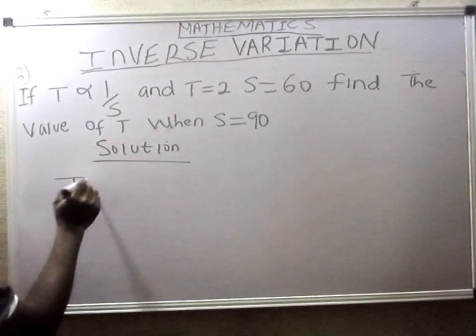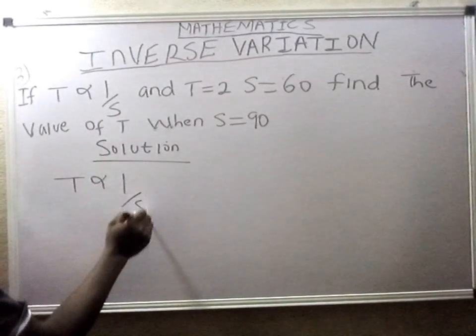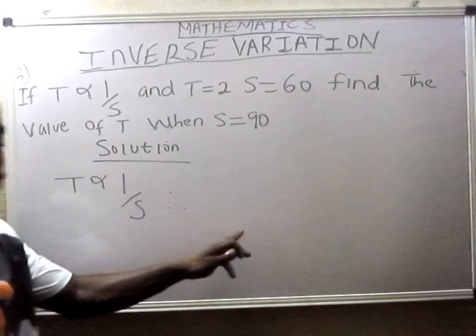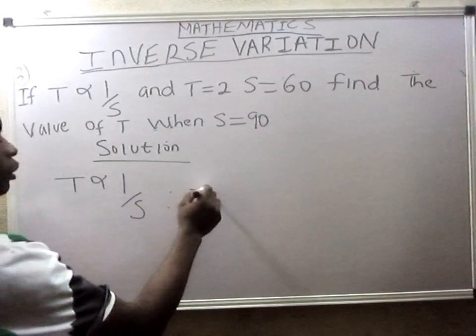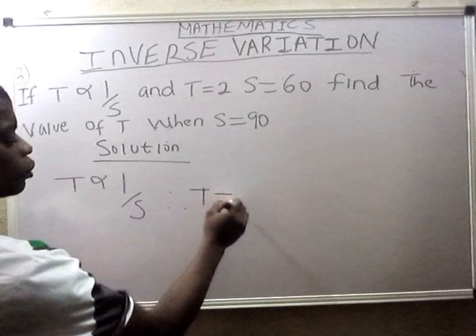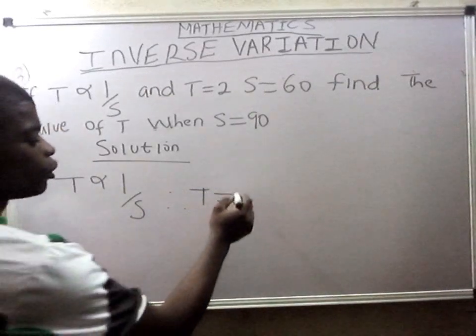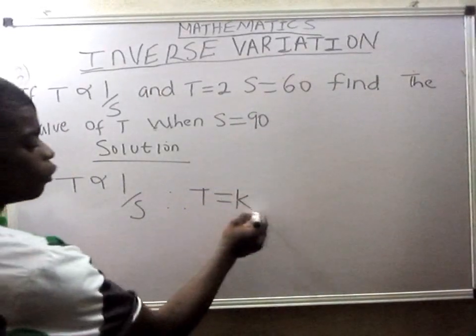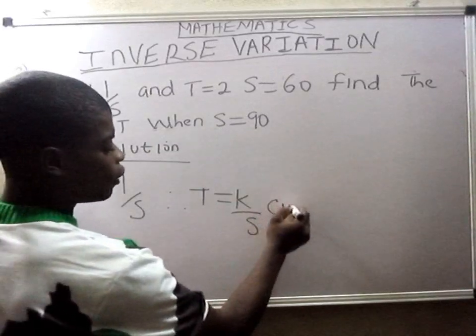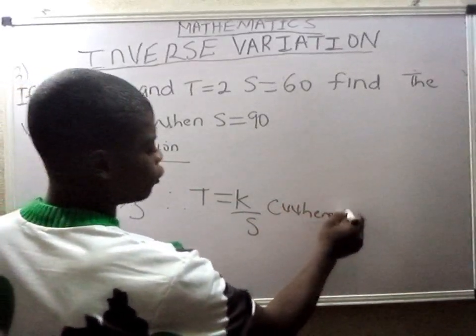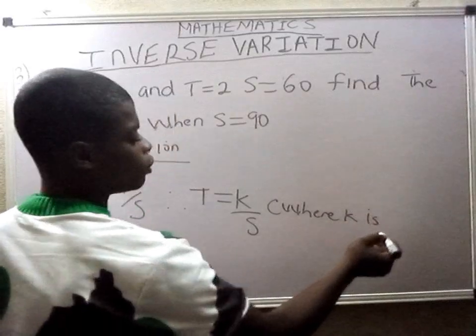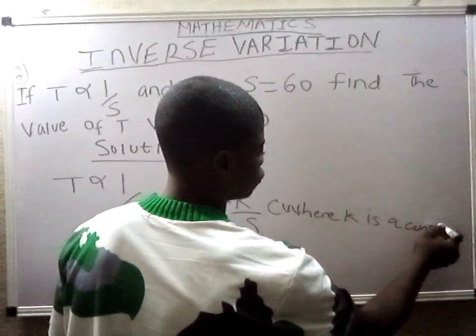So t varies inversely with s. Therefore, let's introduce a constant. Say that t equals, let me choose the constant to be k. So k all over s, where k is a constant.